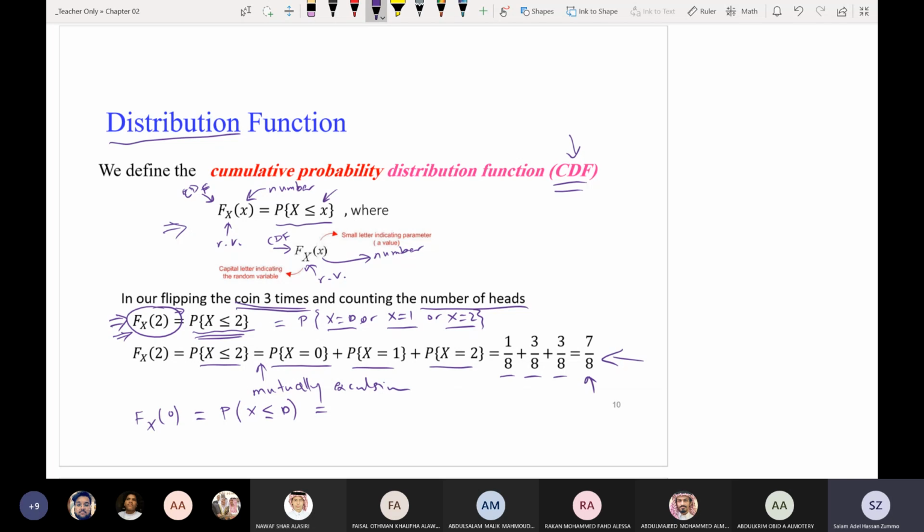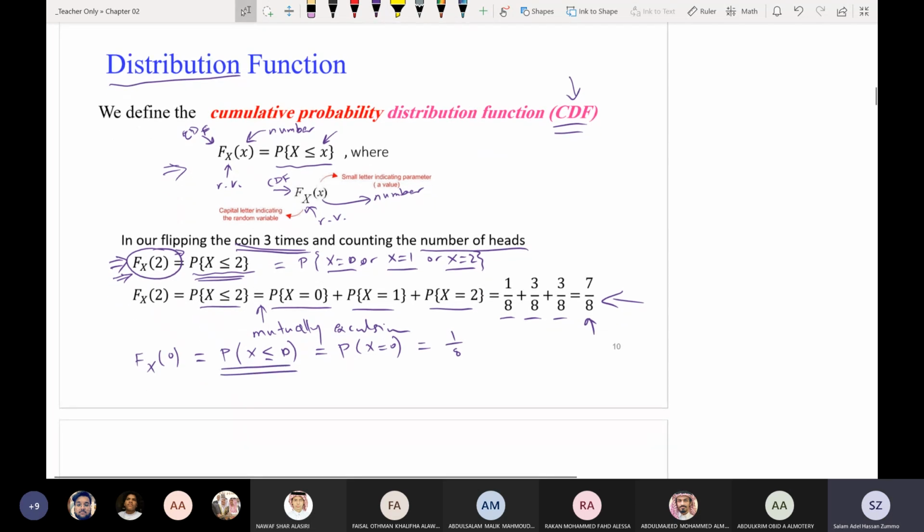And X is less than or equal to 0 only when X equals 0. There's no other value. And this is, as your friend correctly mentioned, 1/8. Okay? So always use this definition. It helps you not to confuse things, especially when you have more complicated examples. Any question?